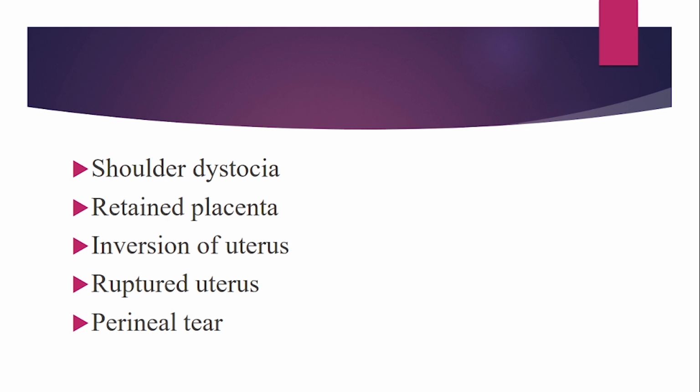Some of them might have had prolonged obstructed labor that resulted in a ruptured uterus, and some may be lucky for the uterus to have been repaired, and now they are coming in pregnancy. These are women that need to be closely monitored because they are high-risk, as are women who have had extensive perineal tears, third degree or fourth degree. We need to monitor them very closely in pregnancy.